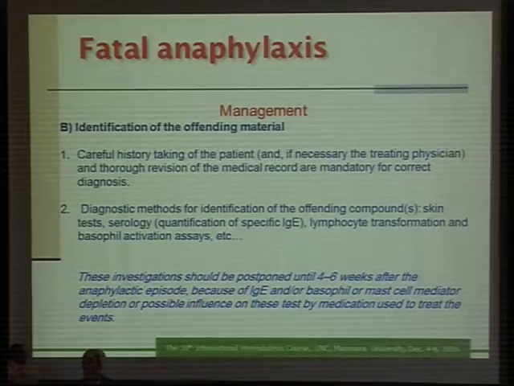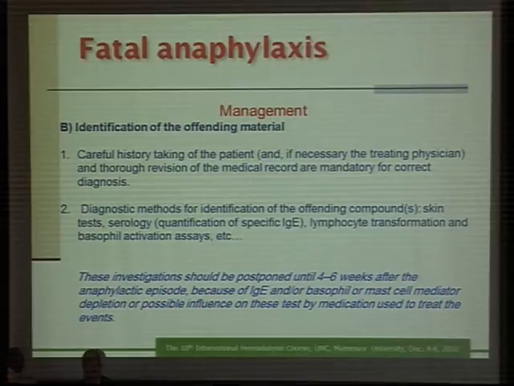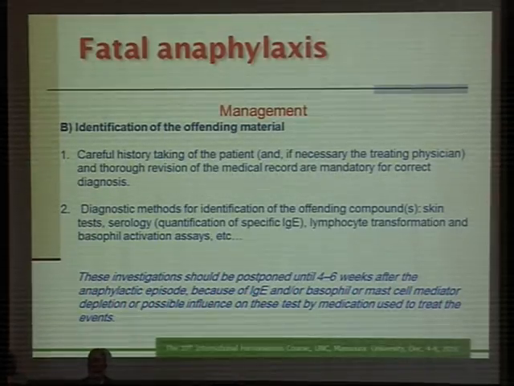Then we should try to identify the offending material by careful history taking from the patient or even from the treating physician.